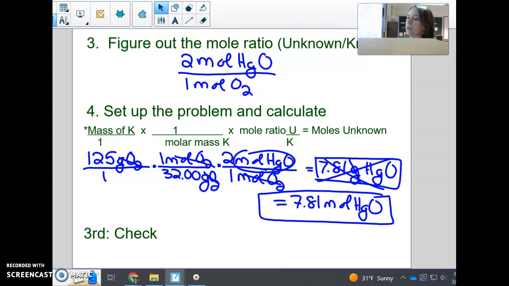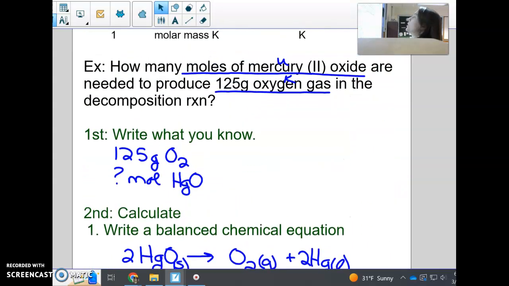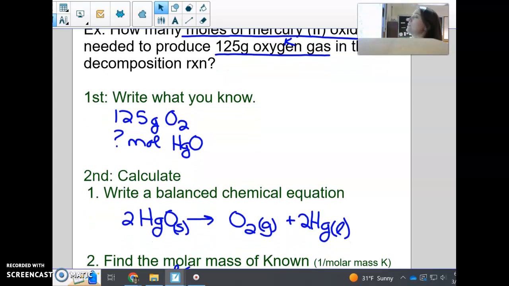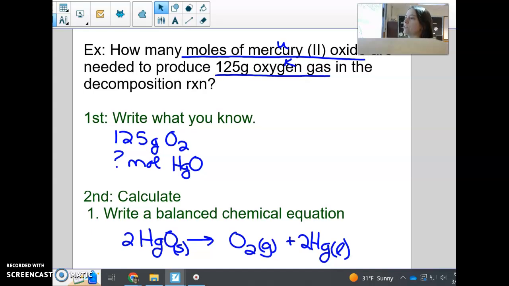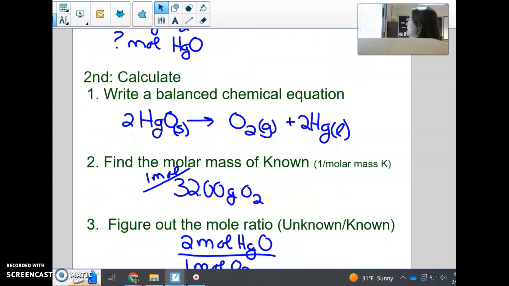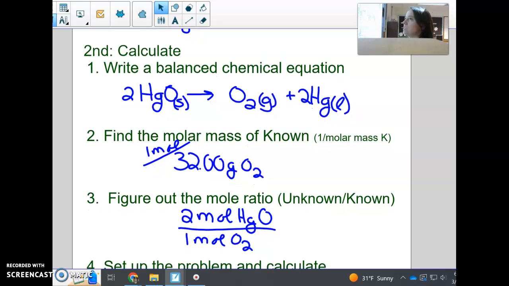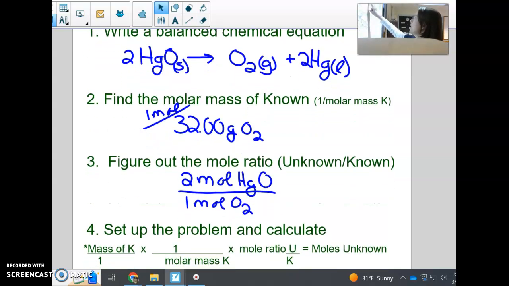All right. Did we answer the question? How many moles mercury oxide? Yes. Did we use sig figs? Yes. Now let's look at if it's reasonable. 125 grams of oxygen, let's say it's 120, and let's say 1 mole is about 30. 30 goes into 120 about 4 times, so we have about 4 moles, and if this is O2, then we would have double that, so 8 moles.